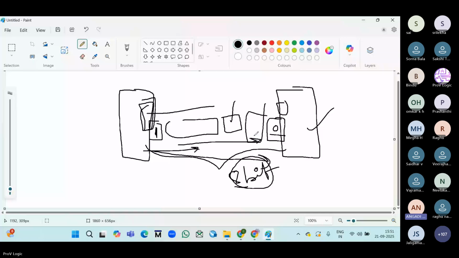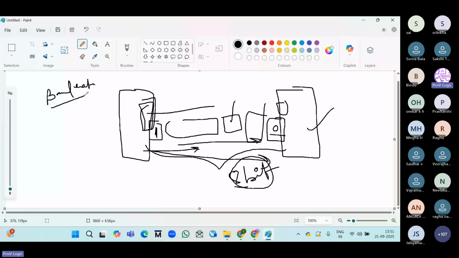Can you explain asynchronous without using a clock? Asynchronous means here we use the baud rate. Actually, for baud rate we need to calculate how many bits we are sending per second. Based on that bits per second, we calculate the baud rate.